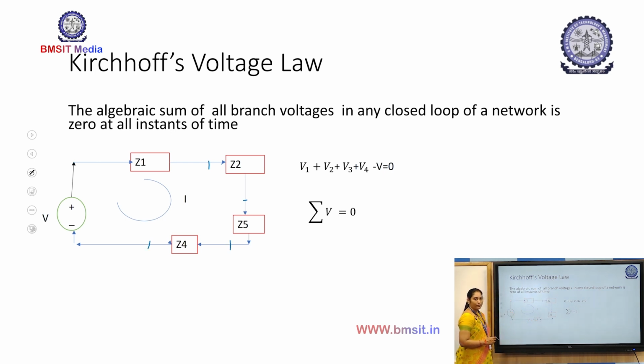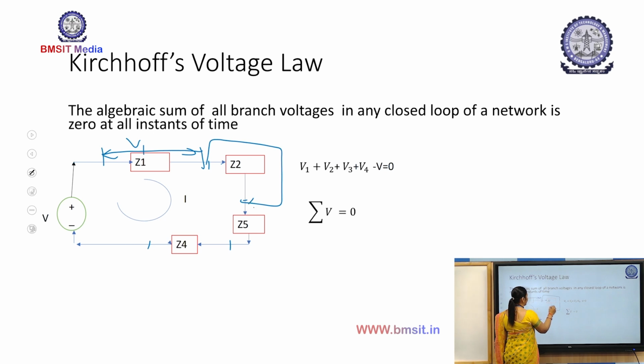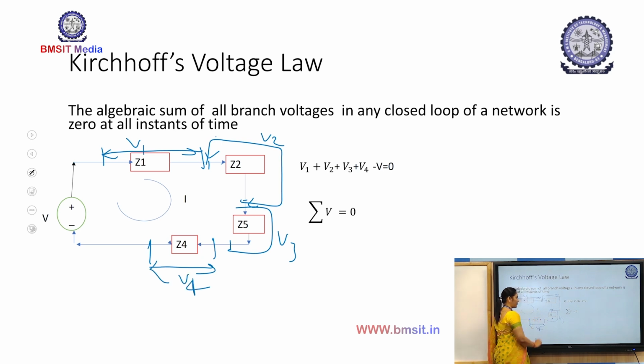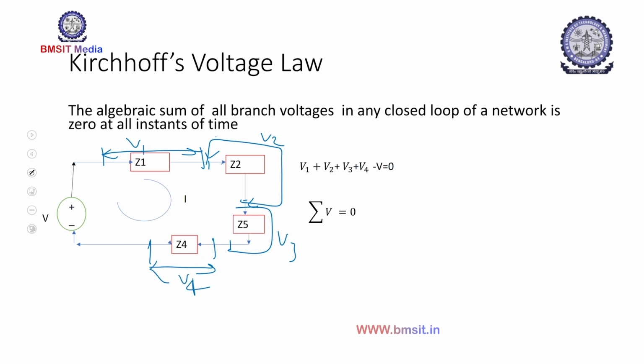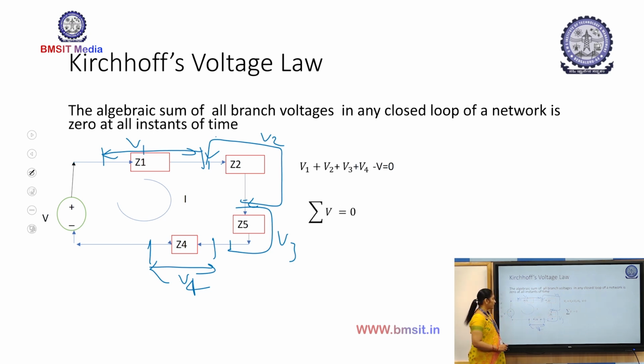Let us consider the voltage across this as V1, across this as V2, then V3, and V4. The sum of all these voltages, V1, V2, V3, V4, depends on the direction of current flow.